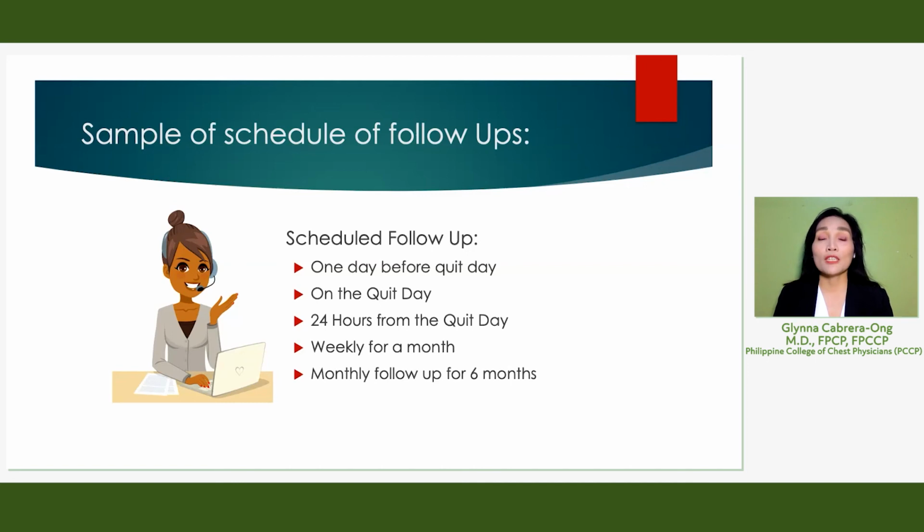On the quit day, we can again give some confidence to the person, help them by giving them advice on how to handle cravings or withdrawal symptoms just in case. Then 24 hours from the quit day to see if there are other problems that were encountered prior to quitting or after quitting. And then of course, weekly follow-up for a month, and then monthly follow-up for 6 months.